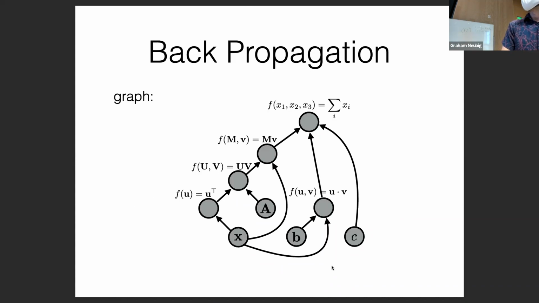So back propagation, basically we start at the end. Notably, the last node in the graph doesn't have any following nodes. So what we do is we define this as a function we'd like to minimize or maximize, and we set its gradient to 1.